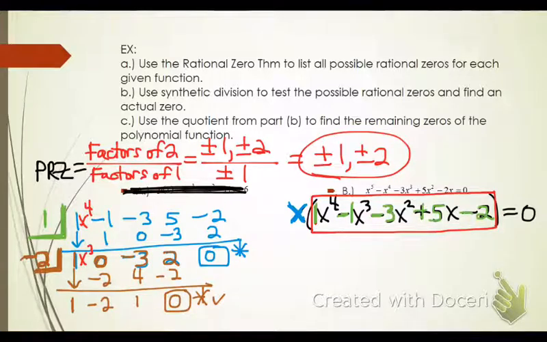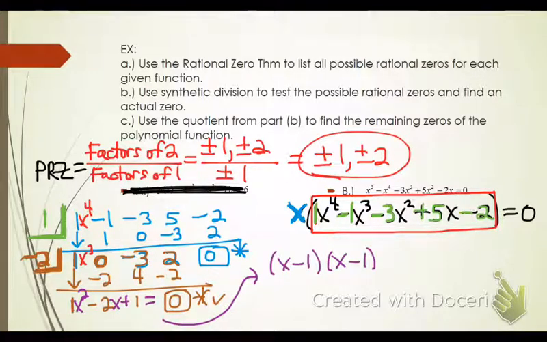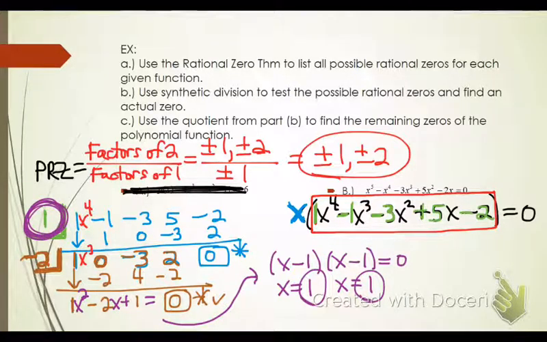Now that leaves us with a quadratic function that we can factor. So this factors into x minus 1 and x minus 1. Those are the same factors, so we'd get the same 0, which also just happens to be the same as this 0 over here that we've already used.